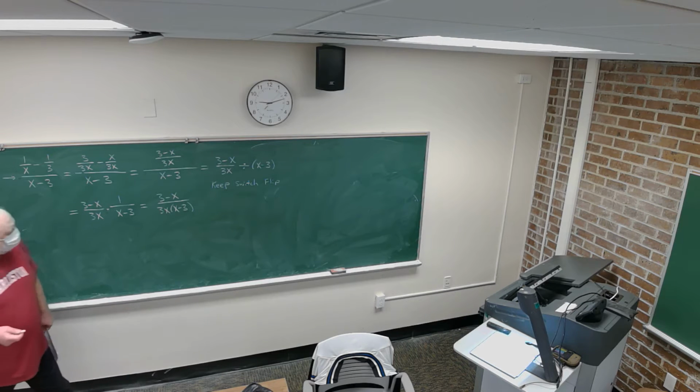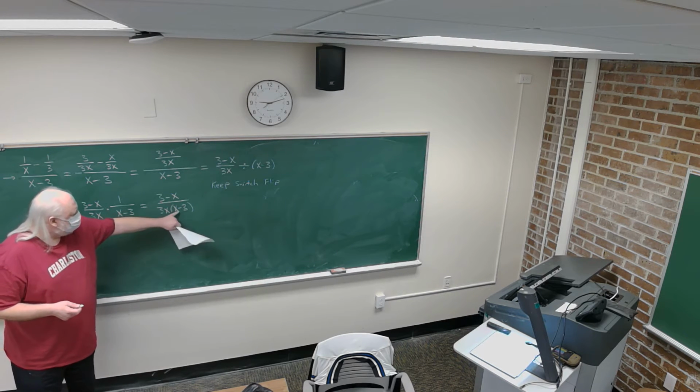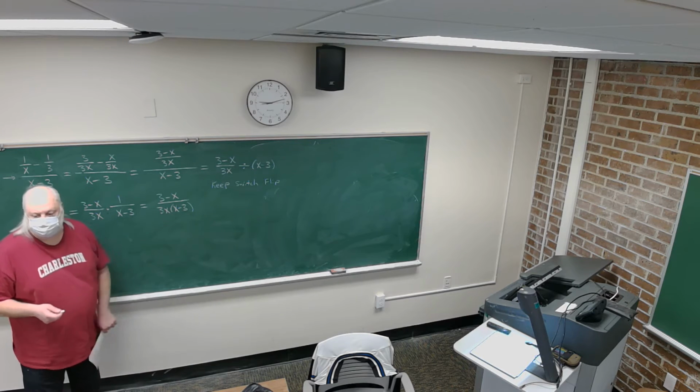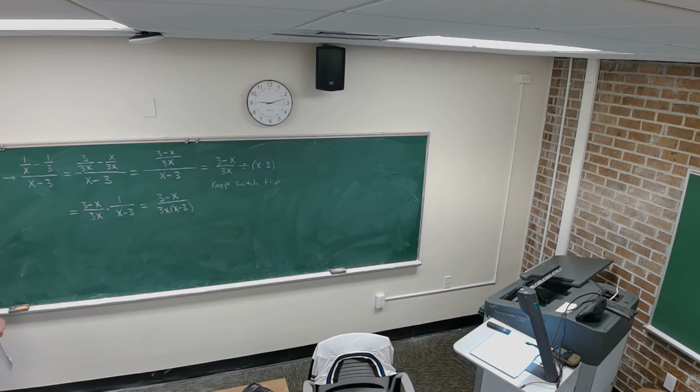Because we had this issue yesterday: 3 minus x and x minus 3. 3 minus x divided by x minus 3 is actually equal to negative 1. Just a reminder, eventually we won't have to do this anymore. But negative 1 times x minus 3, when I distribute the negative 1 inside, negative 1 times x is minus x. Negative 1 times negative 3 is plus 3.